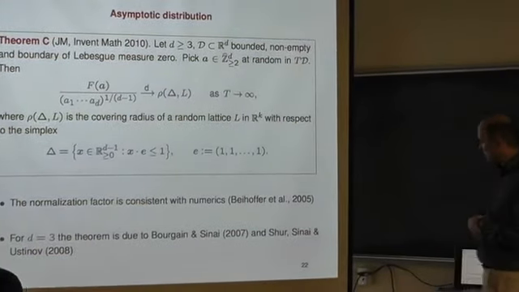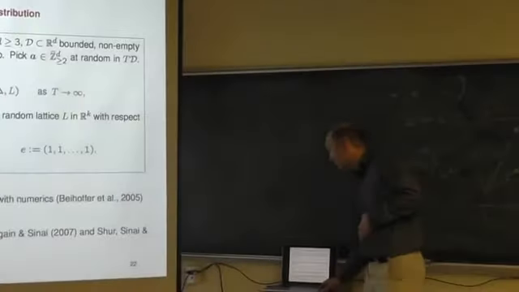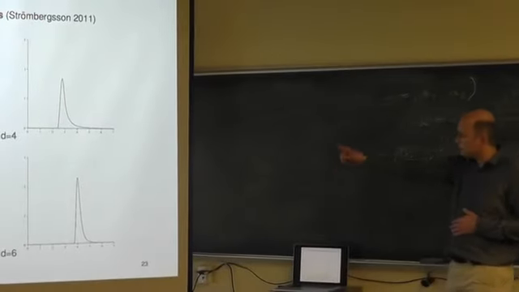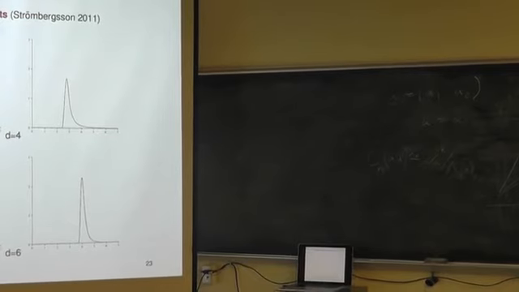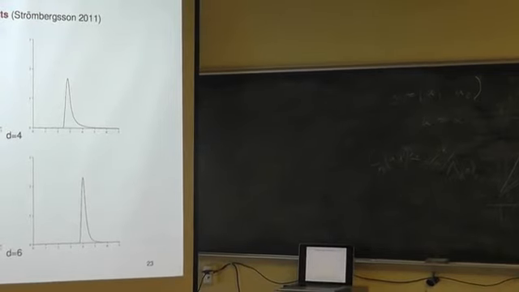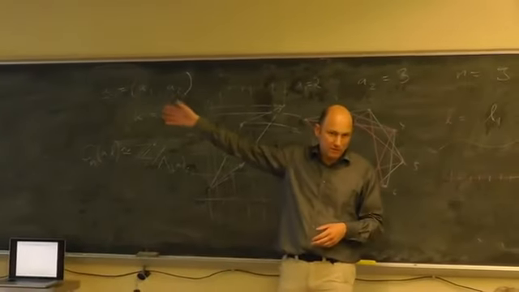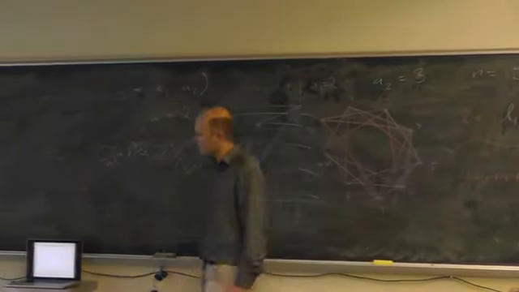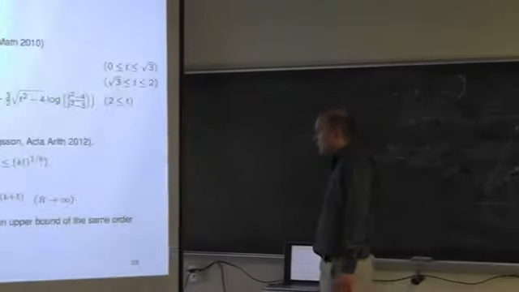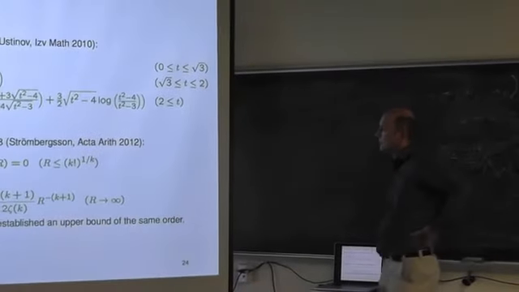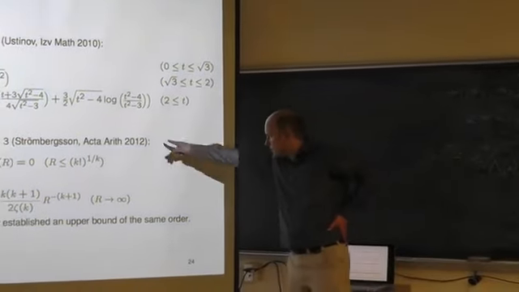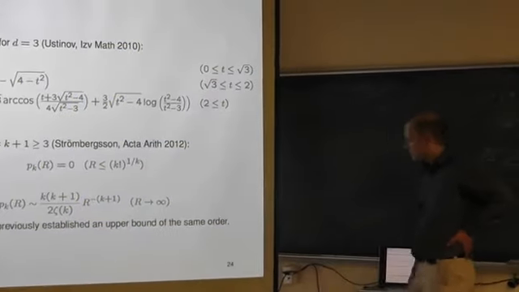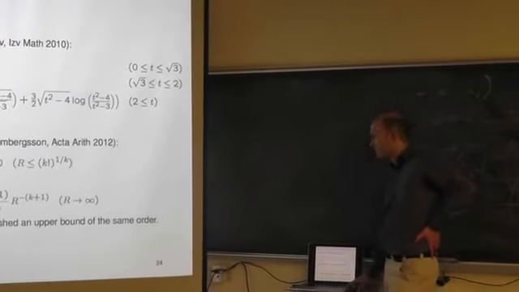Sinai and Ustinov also found an explicit formula. Here I'm showing you numerical calculations by Andreas Strömbergsson, who just used the description in terms of random lattices to make these plots. Very easy, they look like this. And again, you can calculate things when you have 3 variables, and in higher variables, Andreas Strömbergsson calculated these tables.